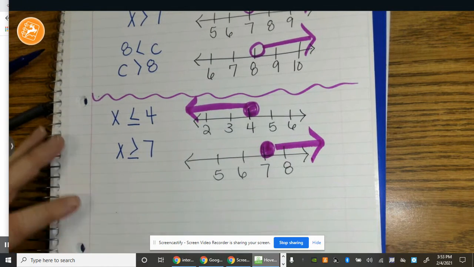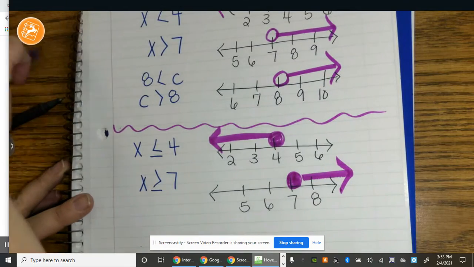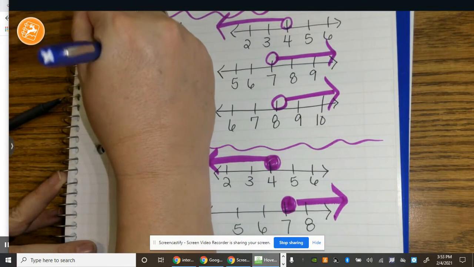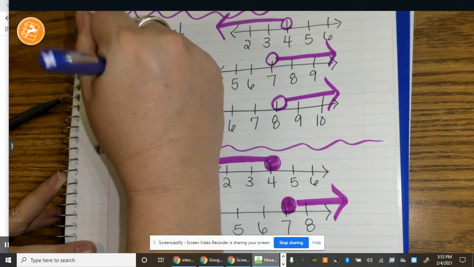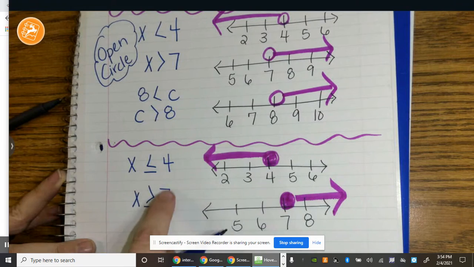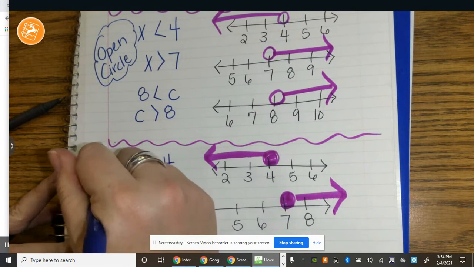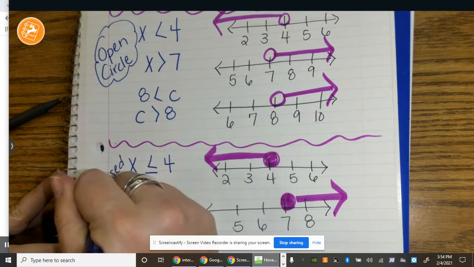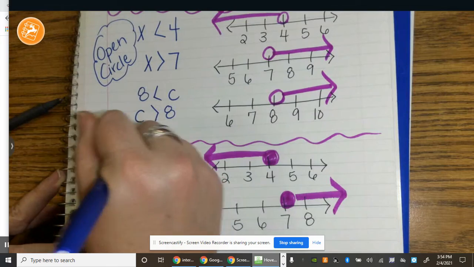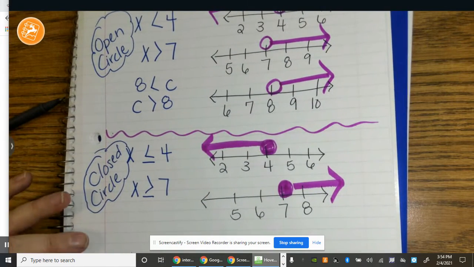Okay. So the key thing to remember is with these inequalities, you're having an open circle. Open circle. And with greater than or equal to and less than or equal to, you're having a closed circle. Closed circle there.